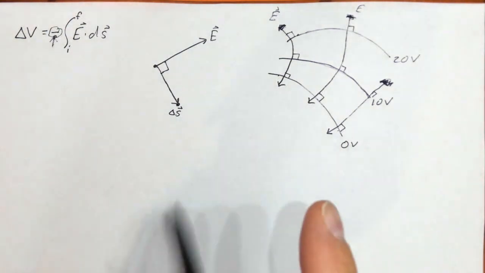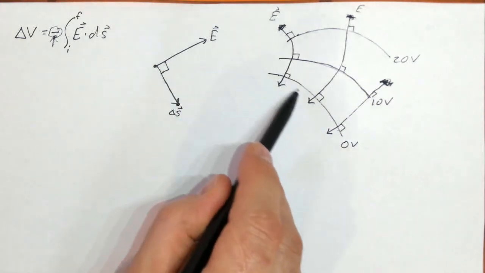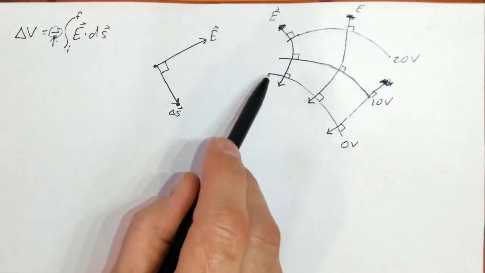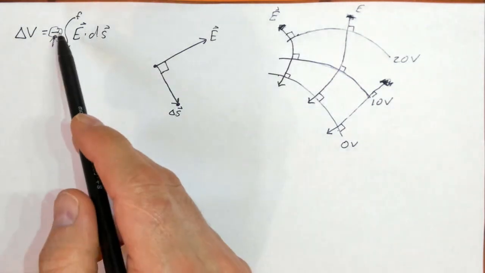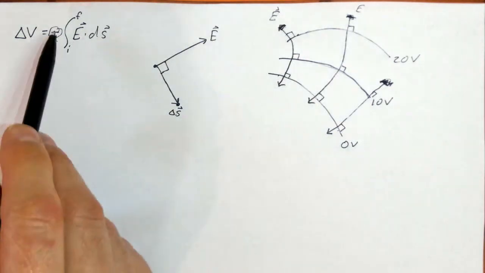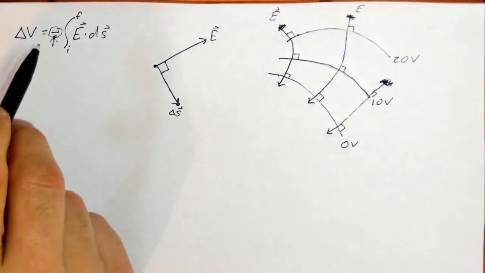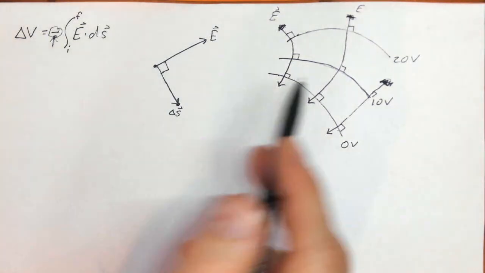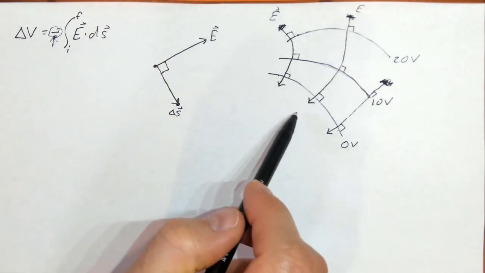So we know that electric fields point perpendicular to lines of constant potential. We call those equipotential lines. And we know it points towards lower potential, which is something we actually knew before, but now we can see it from the rigorous mathematics. So that's two things we draw from it: perpendicularity and pointing towards lower potential.